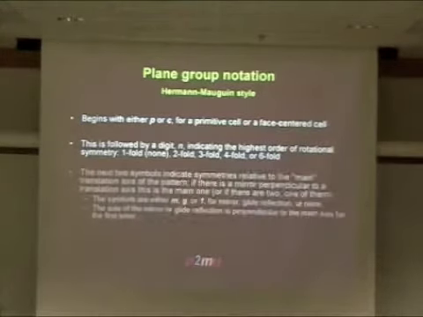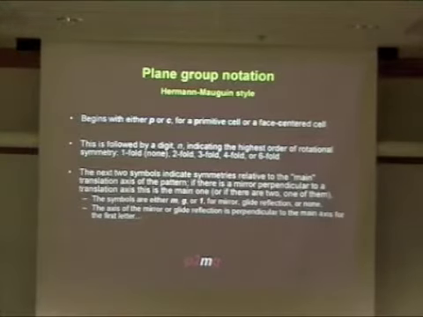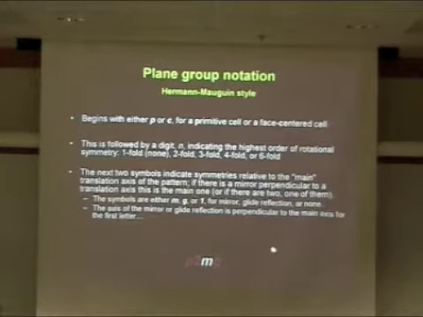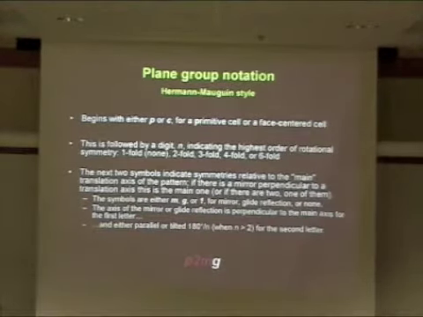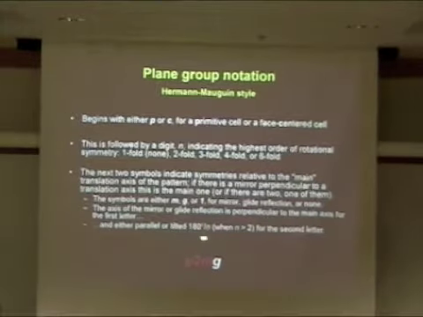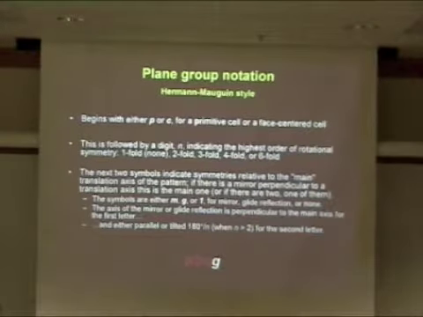We then have two letters which indicate the position of mirrors or glides. The first letter indicates the position of a mirror or a glide plane relative to the main translation axis of the pattern. Okay, so this is axis A, a vector A, which describes our lattice vector A. And then the last letter basically describes a second glide symmetry, which is positioned 180 degrees divided by the highest order of rotation symmetry relative to the first.